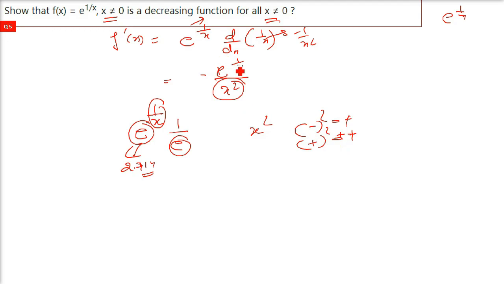When everything is positive, what does it mean? The numerator and denominator are both positive in any case, but there is a negative outside. So the result will be negative always. So f dash x is always negative. So it will always be decreasing. Any function which in any case is going to come as negative is decreasing.